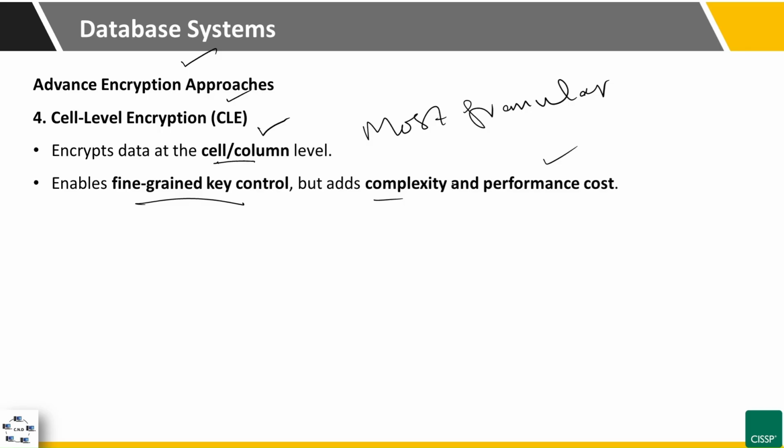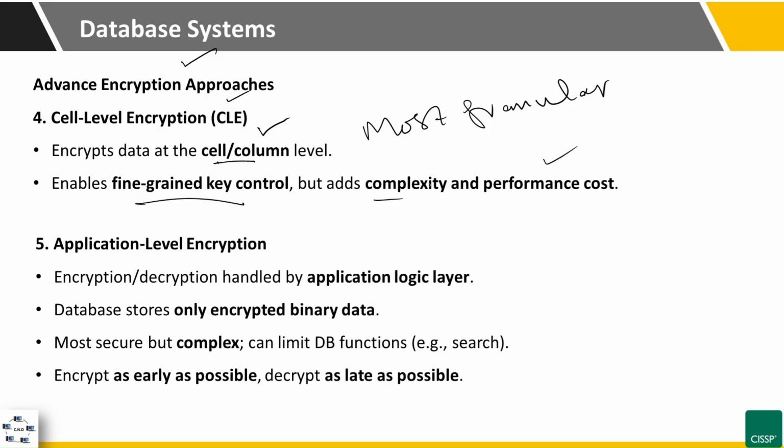Of course, if you are encrypting data at such a low, granular level, it will hit the performance as well as add to the complexity. And fifth is application level encryption. So encryption and decryption are handled by the application logic layer.